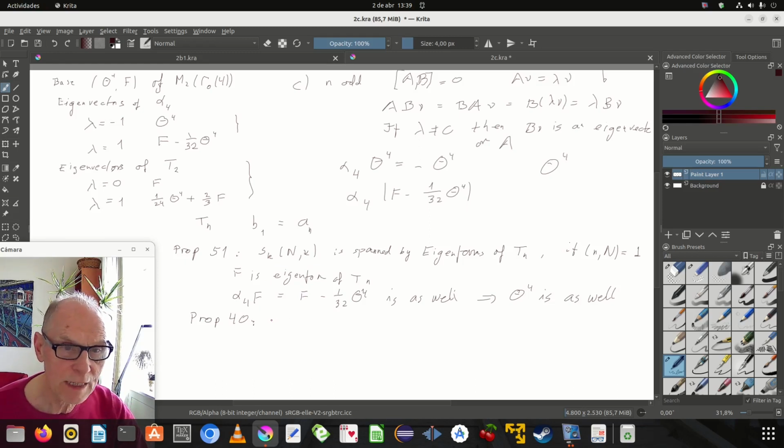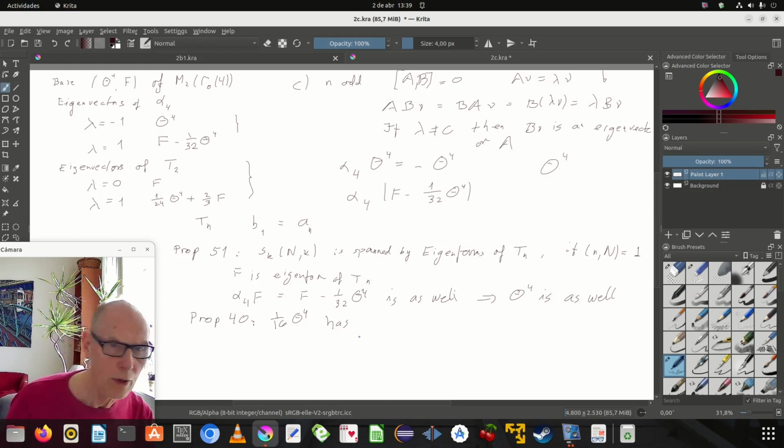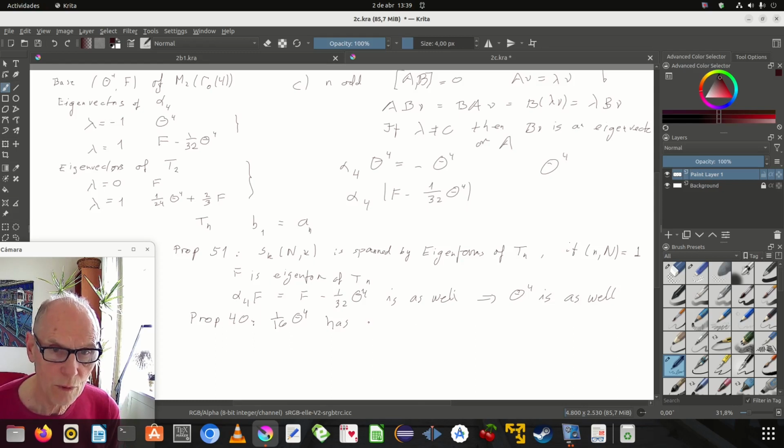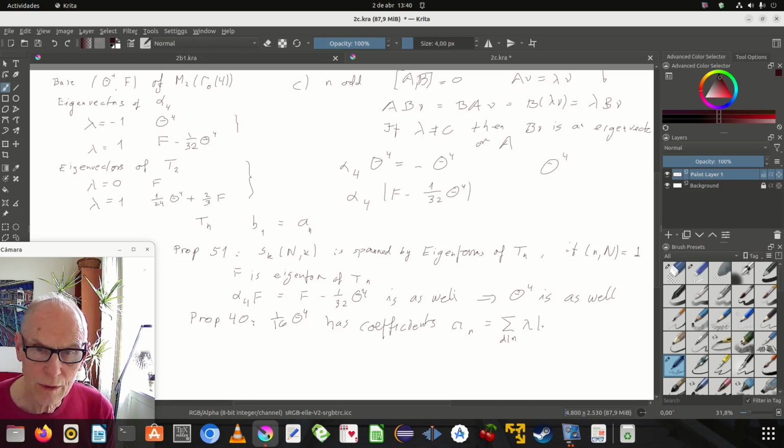And if it's normalized, and that was 1/16 theta to the fourth, with coefficients a n equals... but n is odd, so all the divisors are odd.